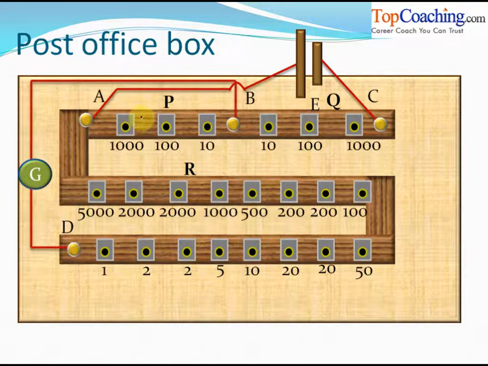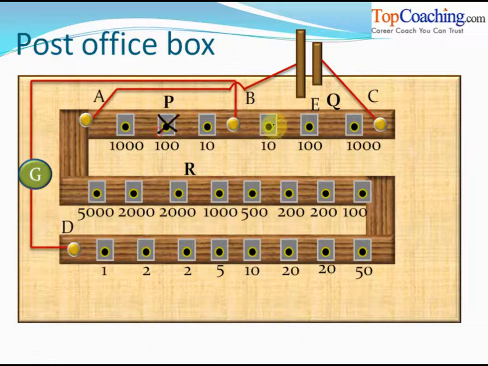Basically, they are simply to help us choose the proper values of P, Q and R. You see, we can choose P as 1000 ohms, 100 ohms or 10 ohms. Q can assume values of 10 ohms, 100 ohms and 1000 ohms. So at any given instant, P will either have a value 1000 ohms or 100 ohms or 10 ohms, and Q will also have either of these three values.